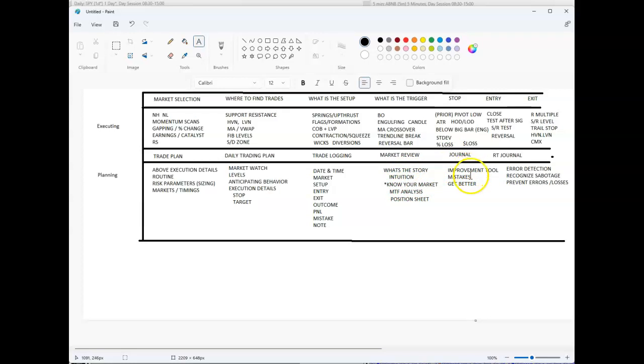And then after that, the journal is nothing more than an improvement tool. It allows you to identify the issues, and once you have your consciousness identify them, they can fizzle out.